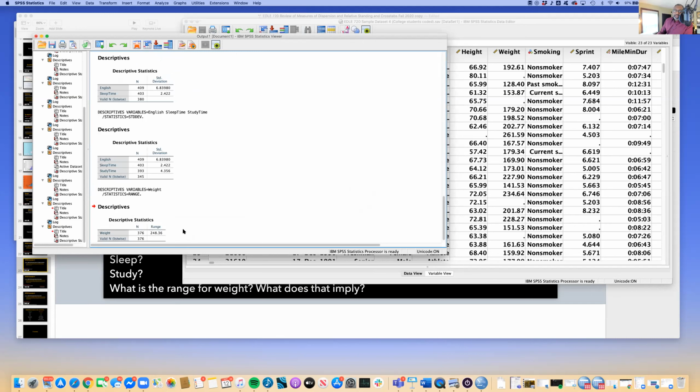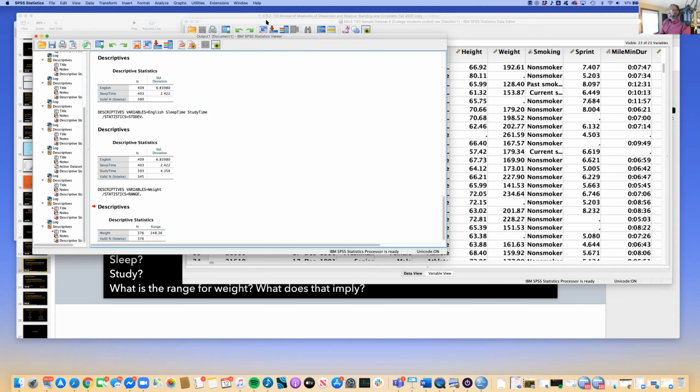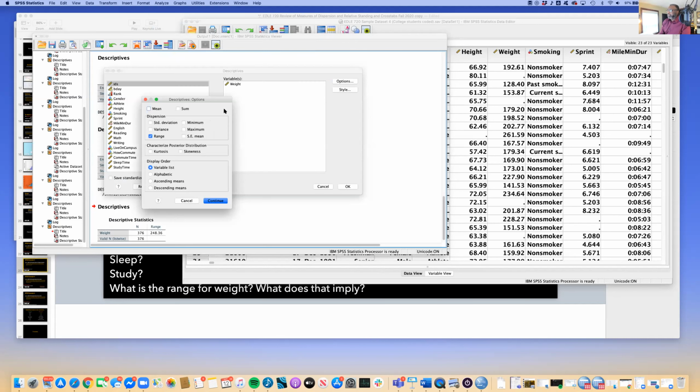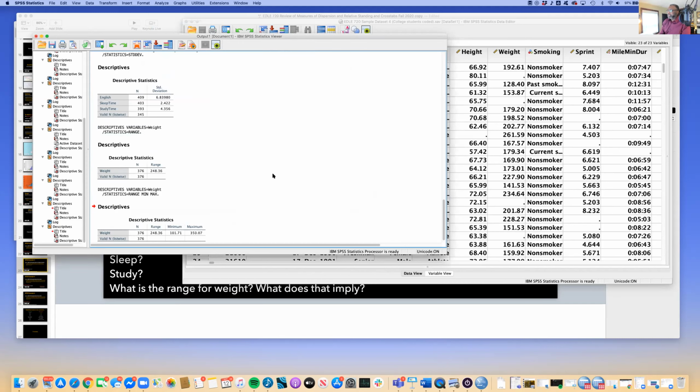So you've got obviously someone who weighs a lot versus someone who doesn't weigh very much at all. That's pretty big. I should have left in minimum and maximum, excuse me for that, because that would have told us exactly the highest weight and the lowest weight. So the maximum weight was 350 pounds and the minimum was 100 pounds in college.